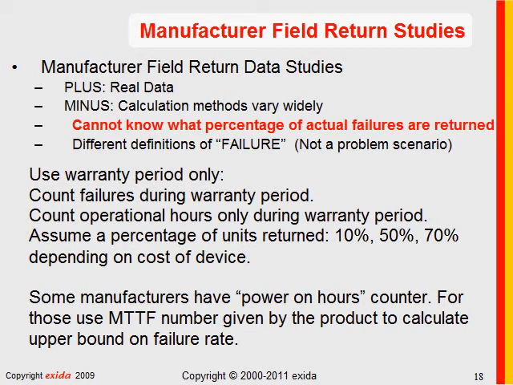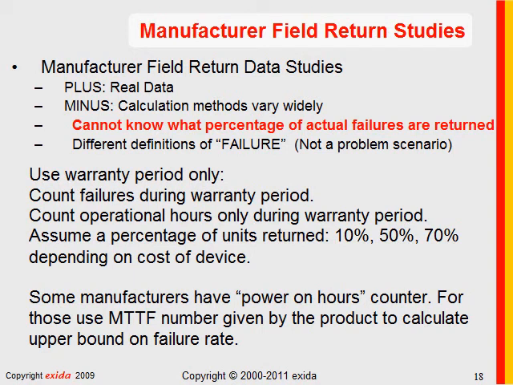I've also discovered that some manufacturers have a power on hours counter in the product. For those products, the time to failure is the power on hours count. And so for those products, we have some highly accurate failure rate numbers that can be used to calculate an upper bound on the failure rate.